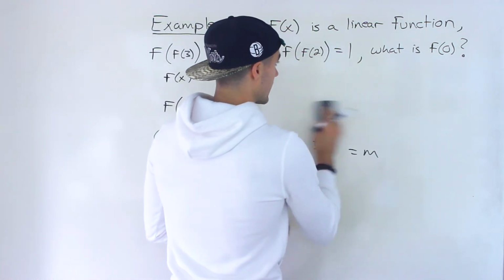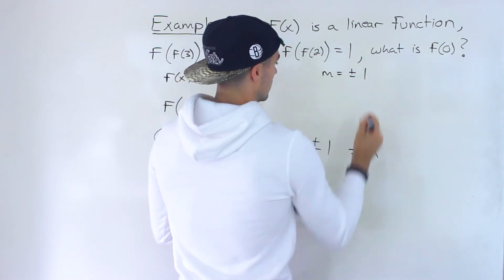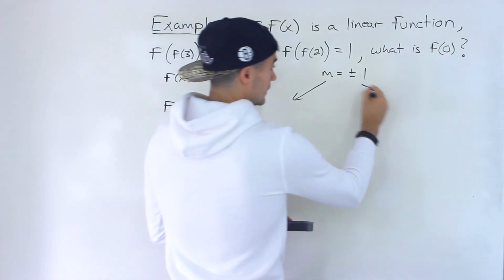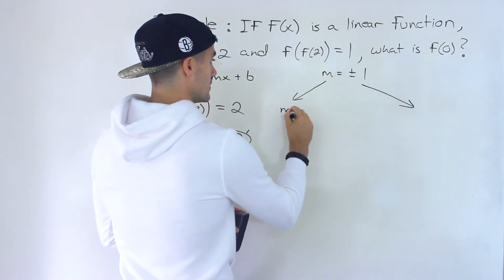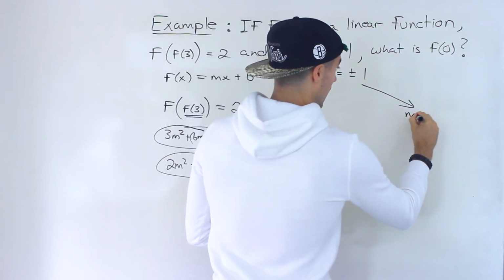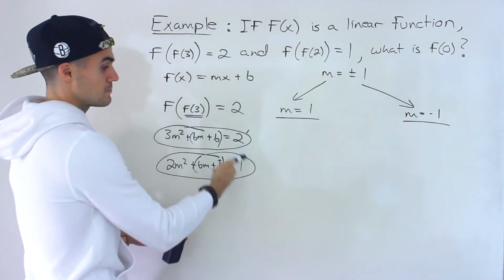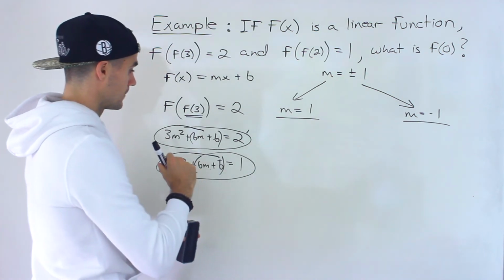So I'm going to write that over here. So we've got to deal with each of these separately. Now we'll deal with m equaling 1 and then m equaling negative 1. Basically, we've got to figure out when m is equal to 1, what's the b value going to be? When m is equal to negative 1, what's the b value going to be?